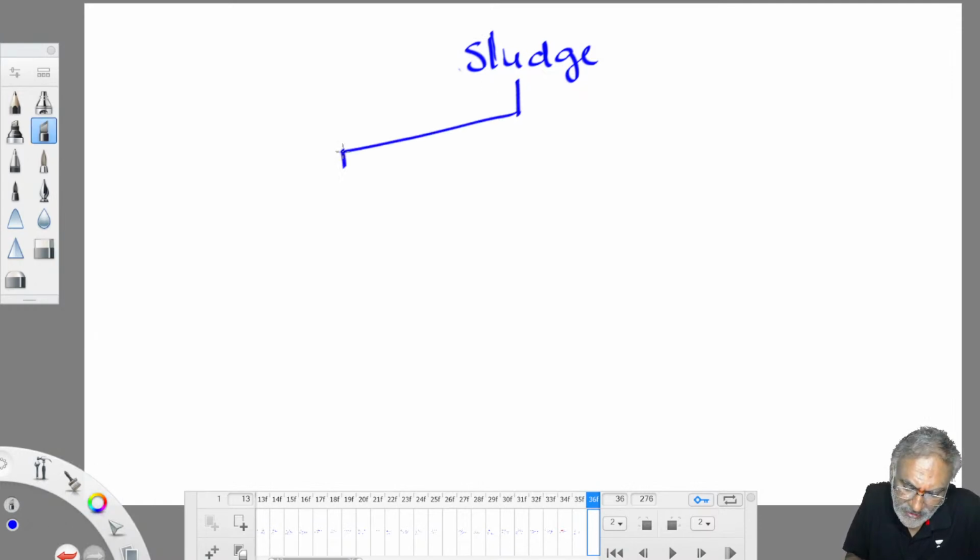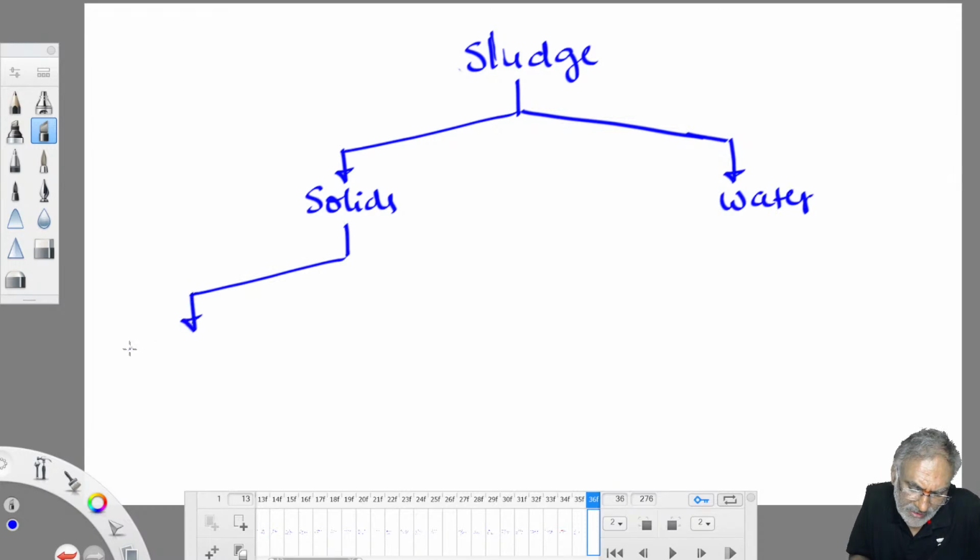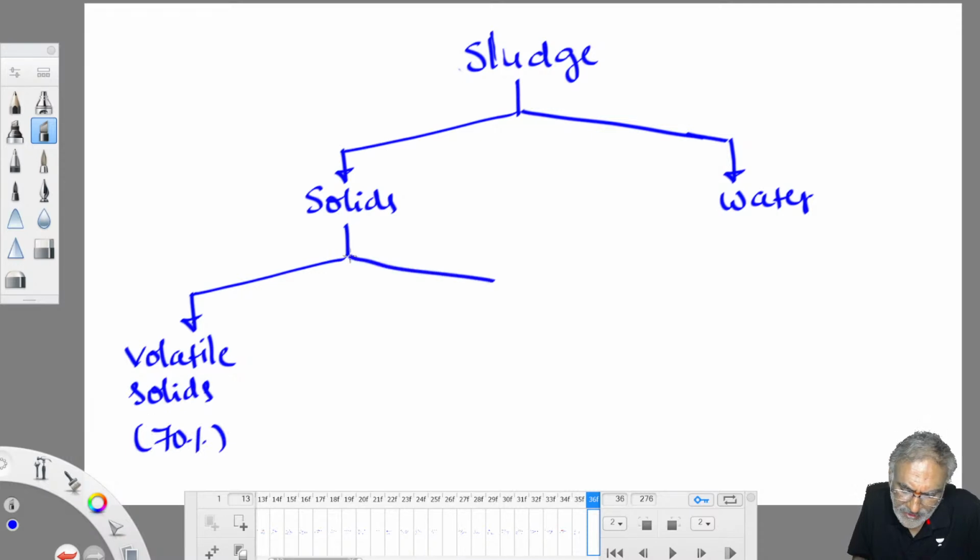So this contains solids and the remaining is water. Again, two types of solids you can notice. One is volatile solids. Volatile solids are very dangerous. 70% of solids are volatile, very dangerous solids, so they contain biodegradable matter.